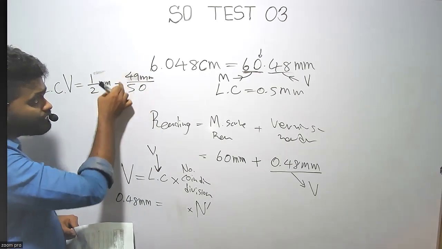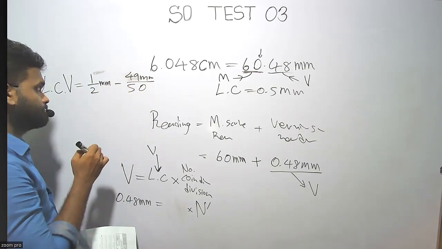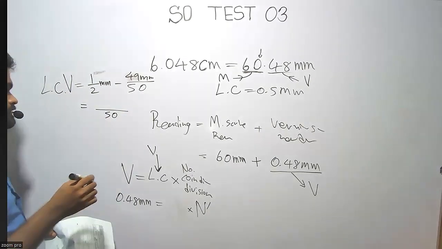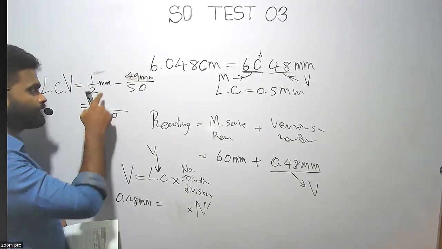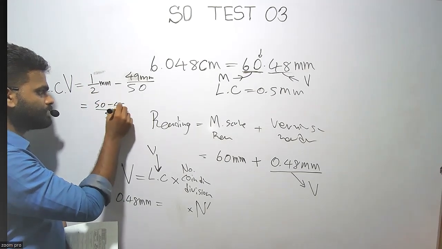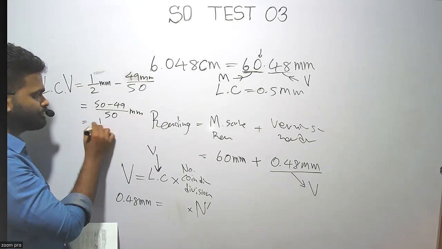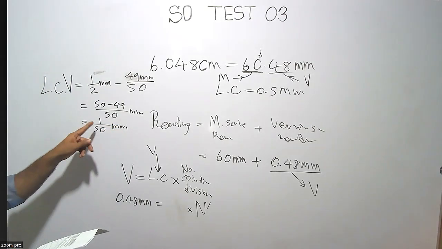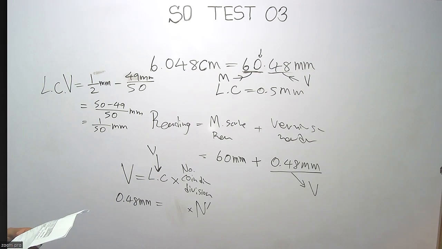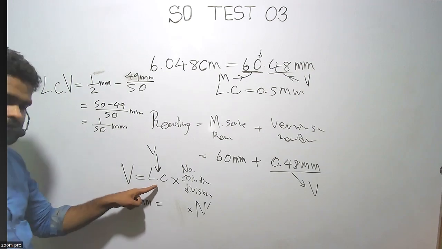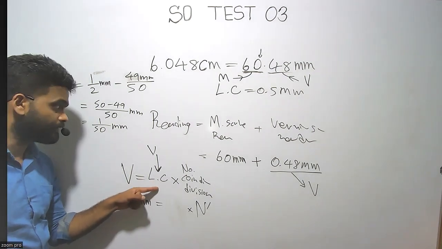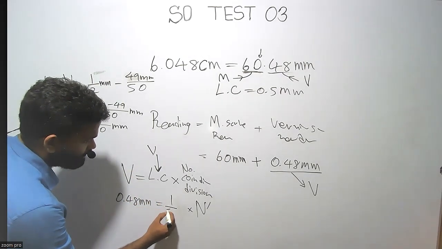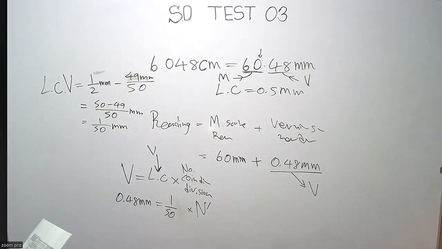So the length of one vernier part is this much. Then take 50 as the common denominator. Then this becomes 50 minus 49. So this is 1 over 50 millimeters. So this is the least count of the vernier caliper. You have to substitute not 0.5. You need to substitute the least count of vernier. So it is 1 over 50. Got it? It is 1 over 50.